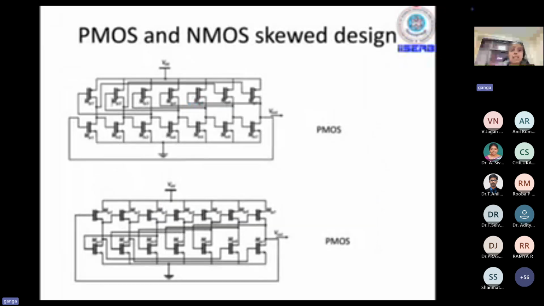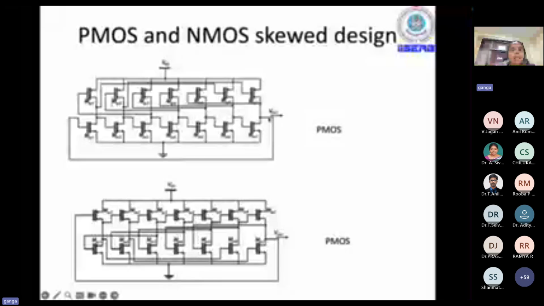Here, we are seeing two designs. These are known as skewed designs. The top circuit schematic corresponds to the PMOS skewed design, and the bottom circuit corresponds to NMOS. There is a typo, I'm sorry about it. As you can see in the top circuit, for the PMOS transistors, labeled MIP1, MIP2, and so on, the input is not being given from the output.